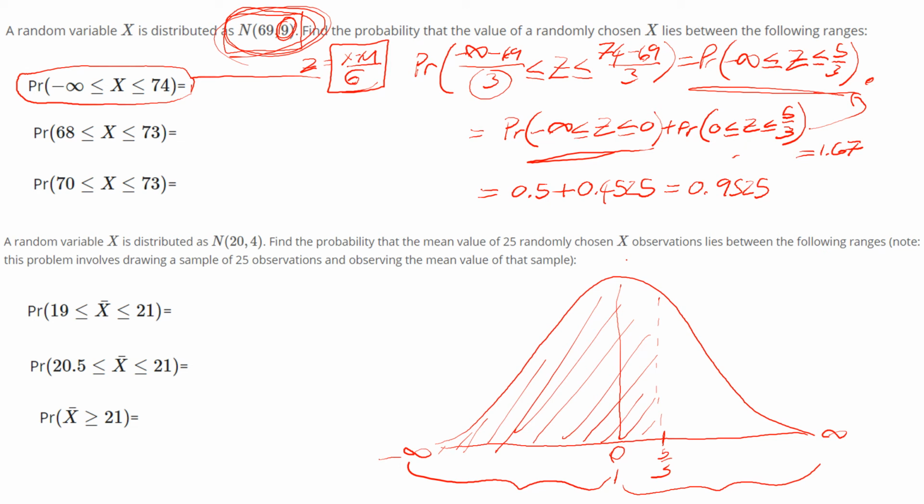You follow a similar process for the next one. So in this example, again, you're going to end up with an area that straddles 0.